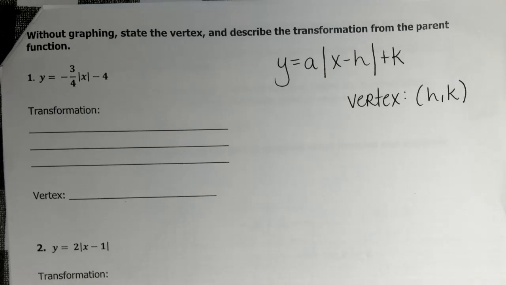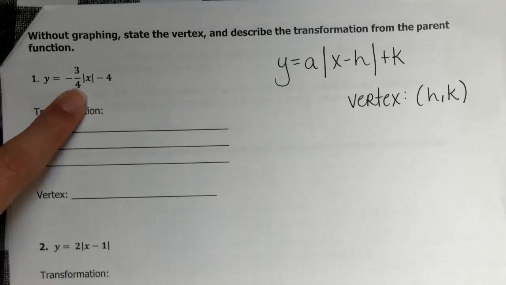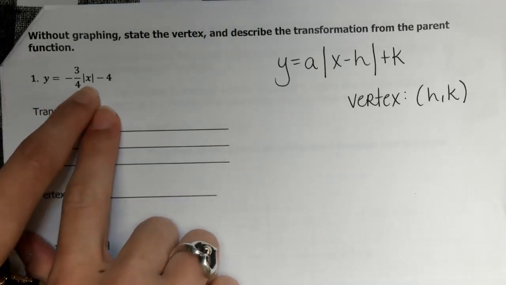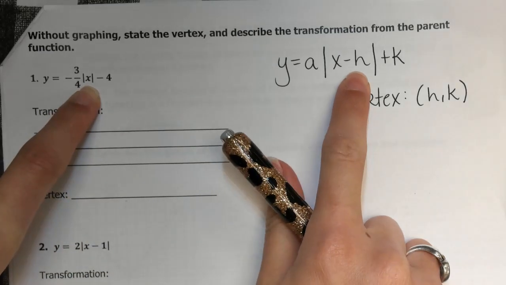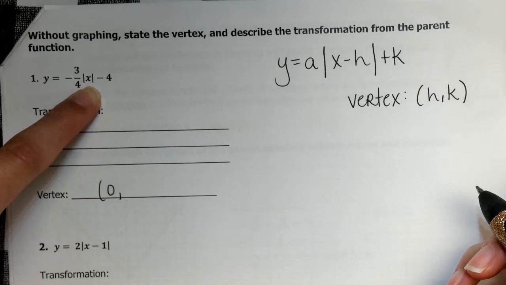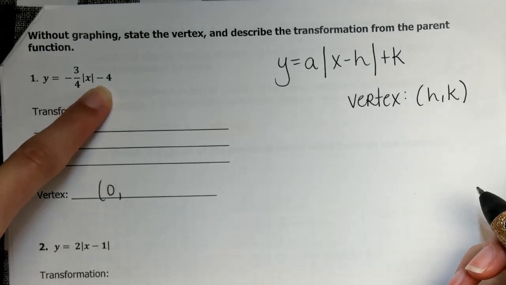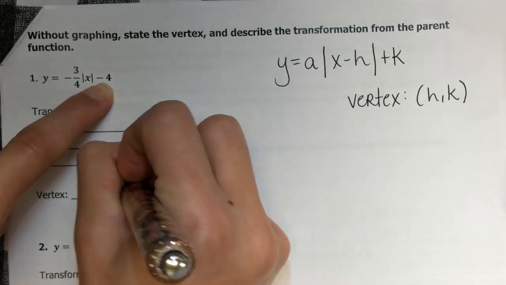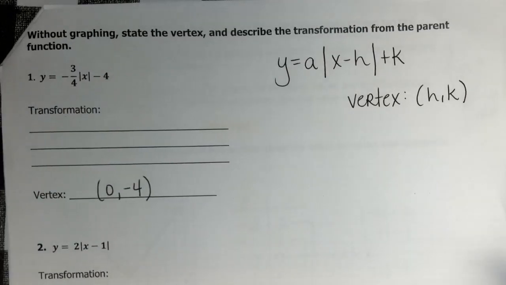Okay? So, if I look, I always do my vertex first. Do I have an H? No, so that's 0. And what's my K? -4. Okay?